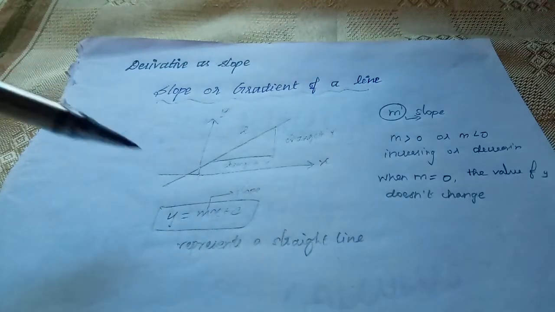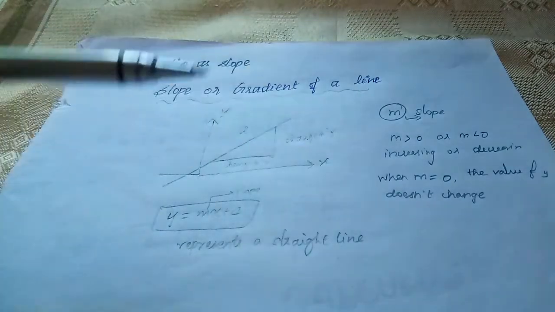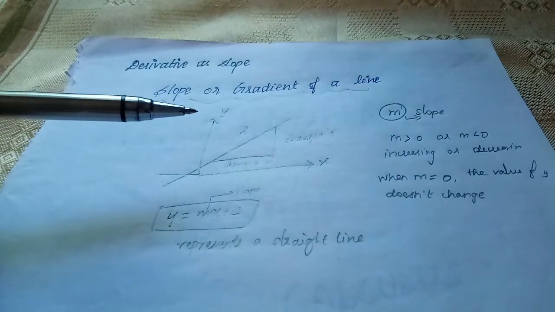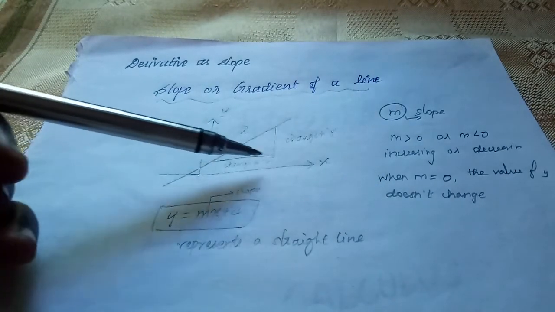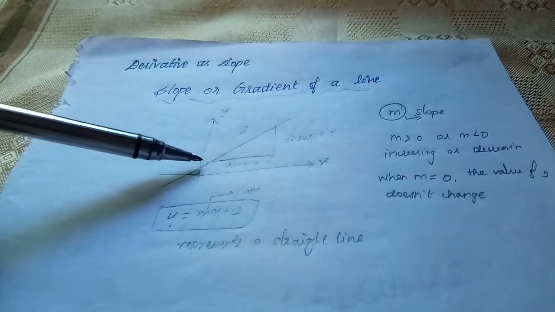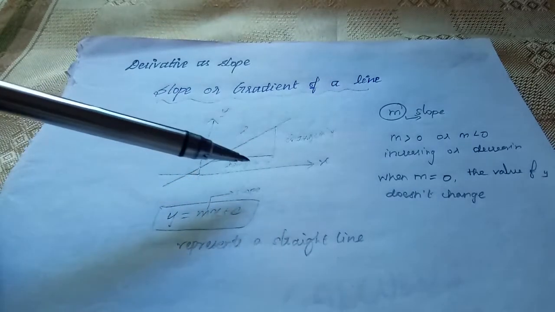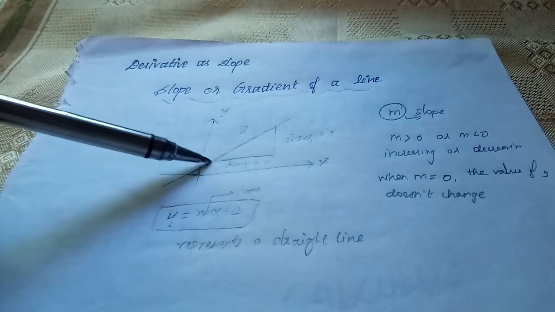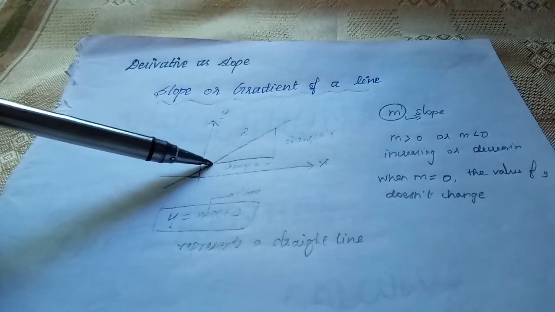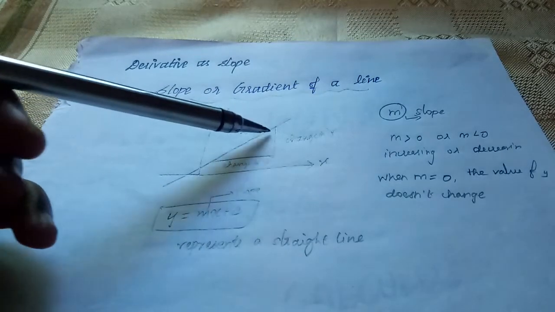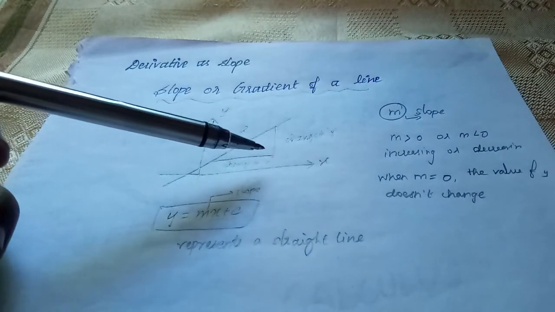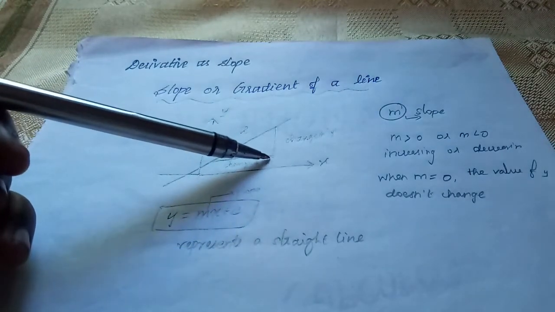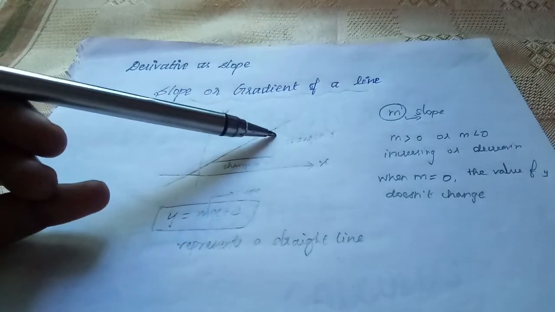Take a horizontal line segment of any length with a starting point on the given line L, and a vertical line segment starting from the end of this horizontal line to touch the given line.